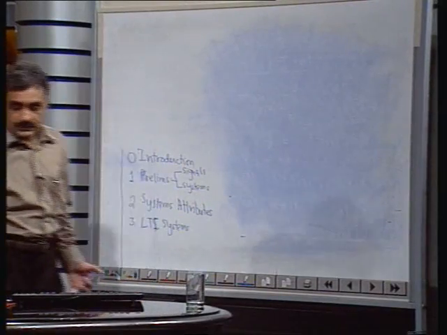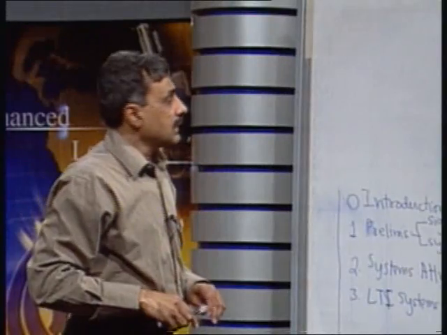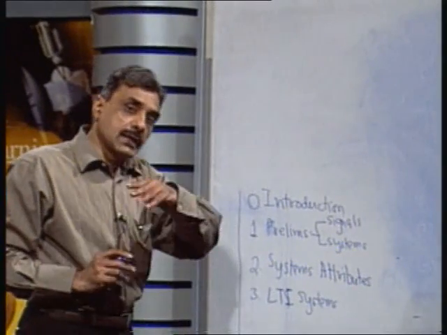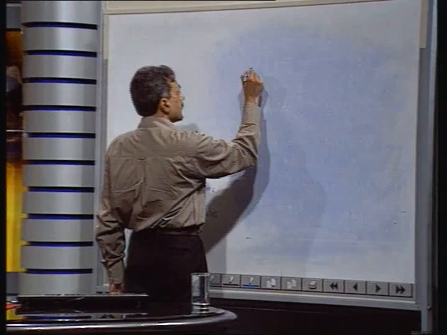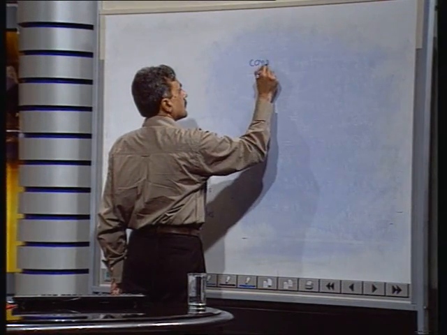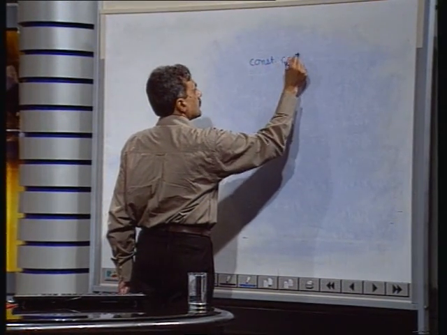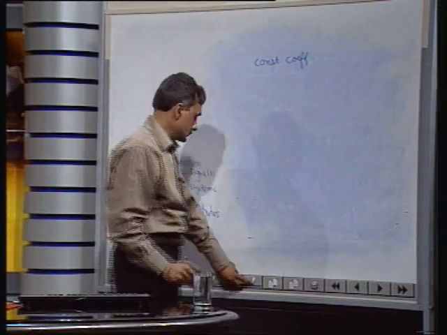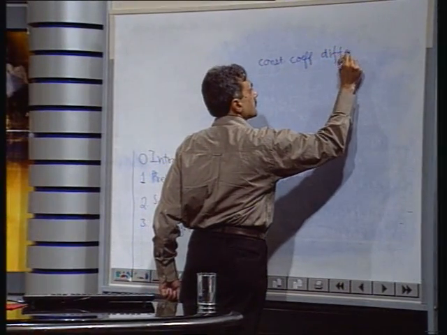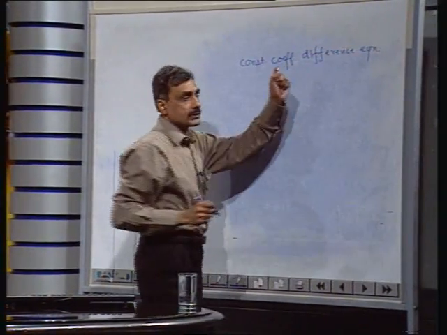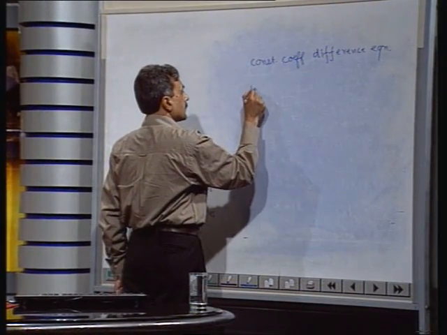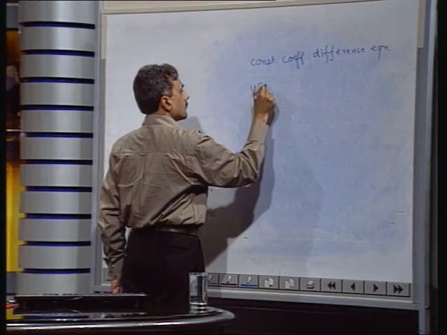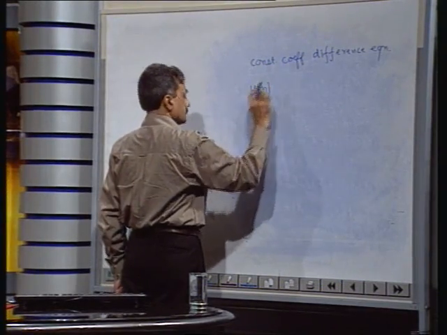Now how do we realize such systems? A very large class of discrete time LTI systems is characterized by what are known as constant coefficient difference equations, which I can write in this fashion: y of n.